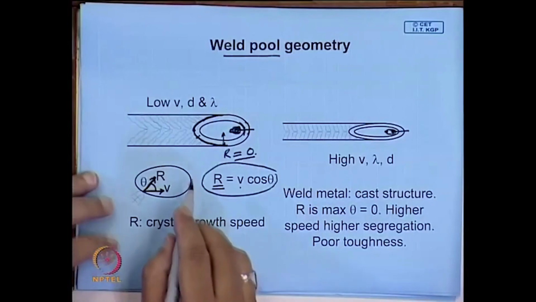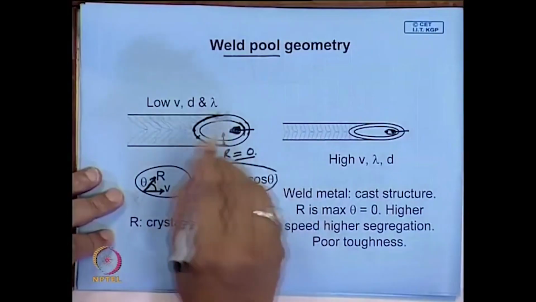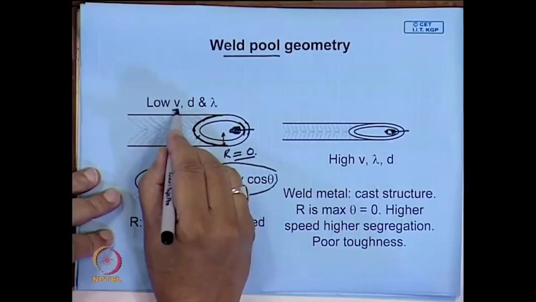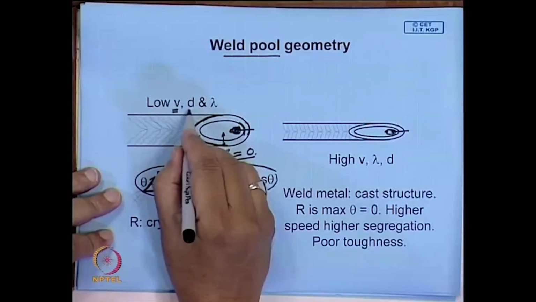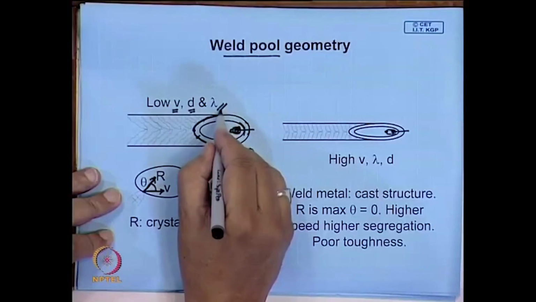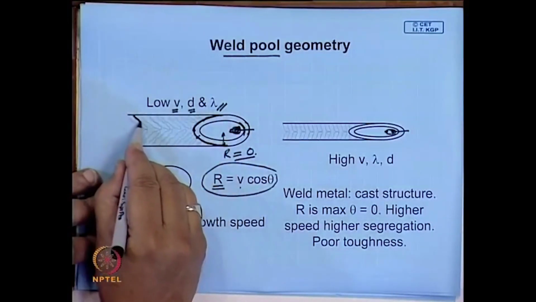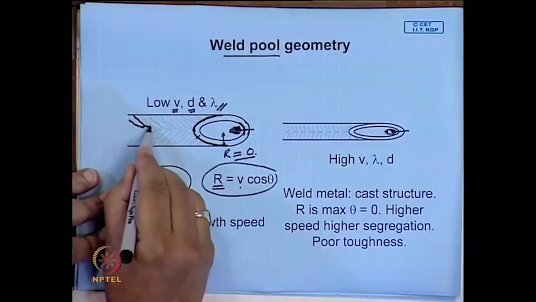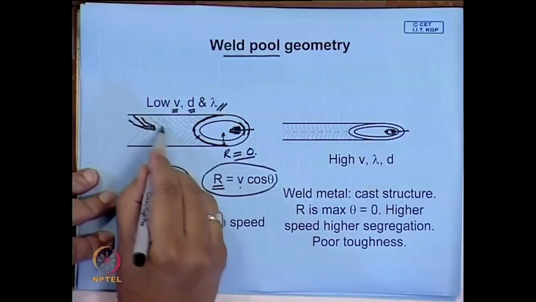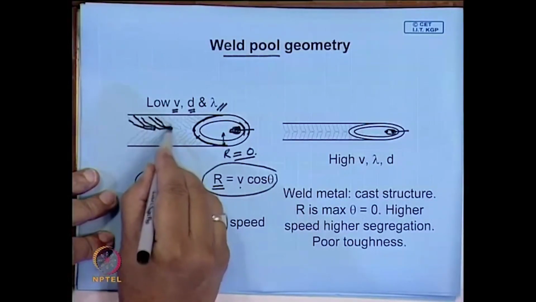Now it is quite interesting to see that the geometry of this weld pool will be a function of several factors. It will depend on velocity, on the size, and on lambda, the conductivity. If these are low, we will find that the grains which are growing sometimes change direction, and this is the type of growth which will take place.